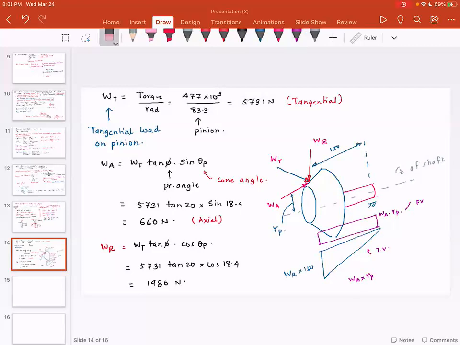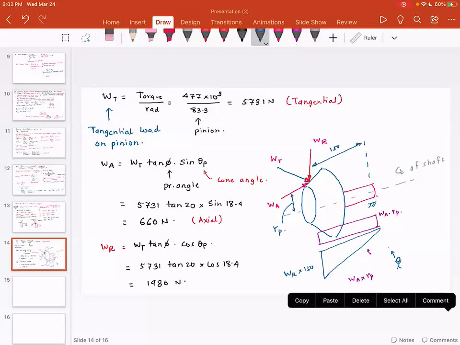So just a second here. Let's assume that you are standing over here. If you are standing over here, then you will notice that these two bending moments will be in the front view.